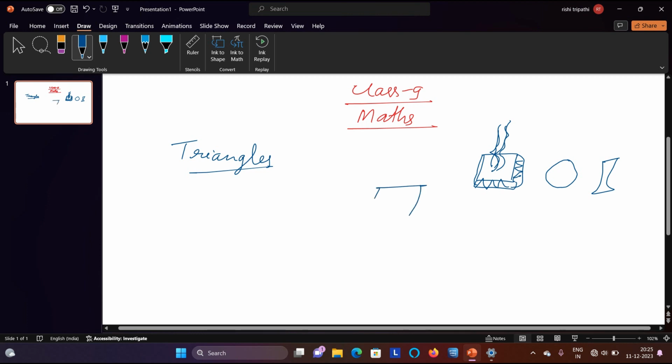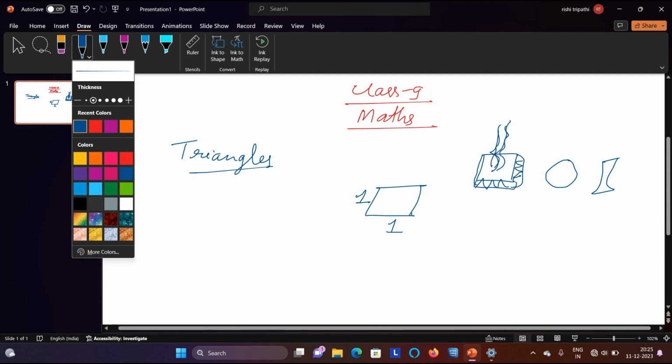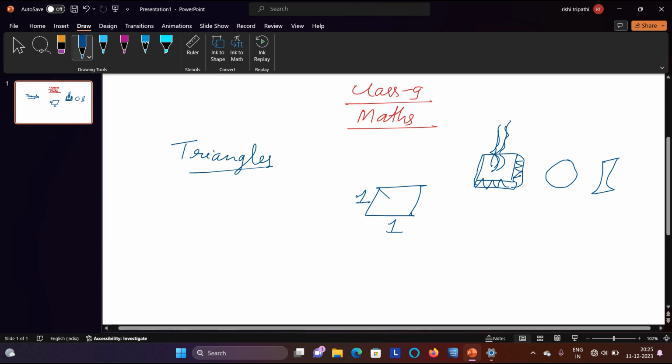So if you are considering a square whose side is equal to 1 unit, you will get the diagonal of this square as root 2. You know that root 2 is an irrational number.